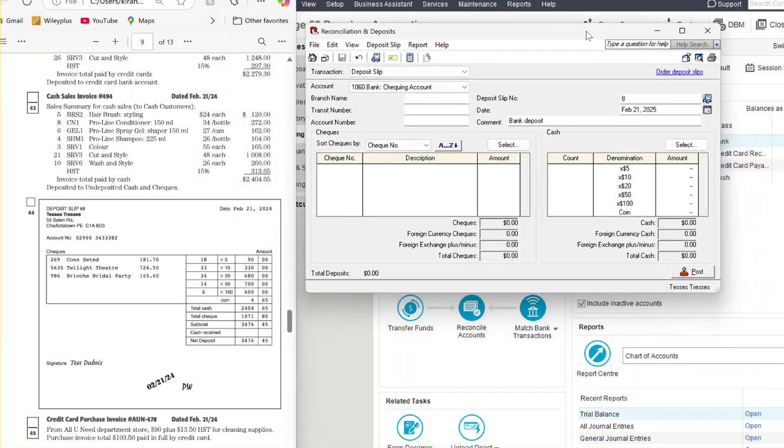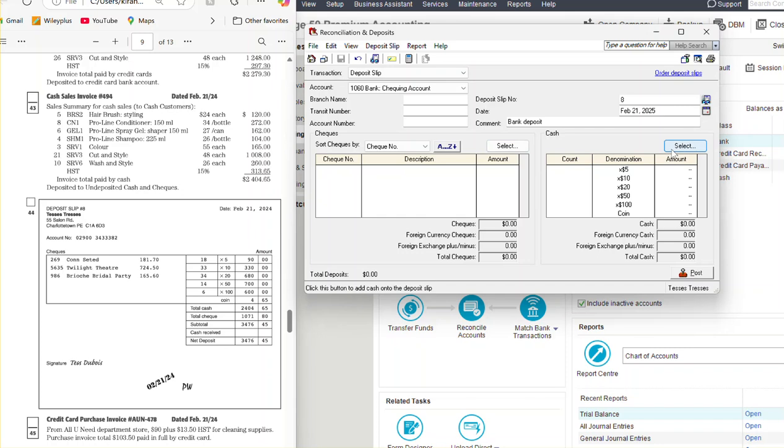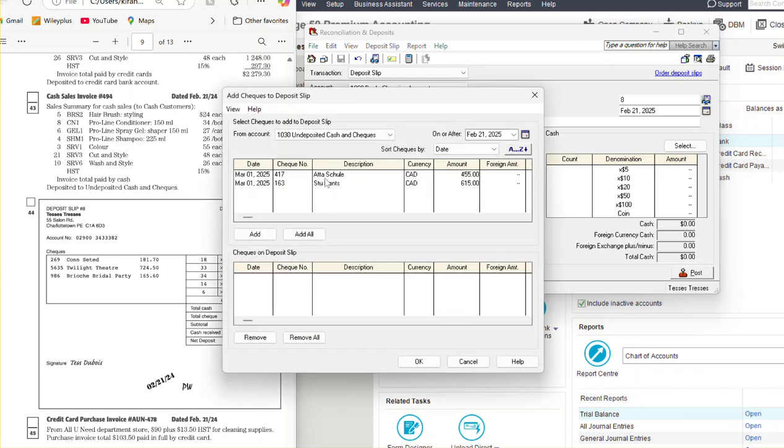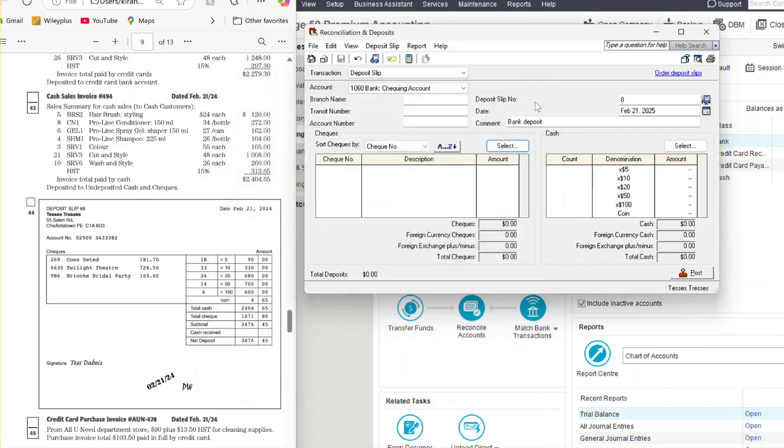I'm going to see if I can put it like this. So now we have the money, so let's put it in the money because we have some, oh no, we have both. So let's see. I just thought we just deposit the money.